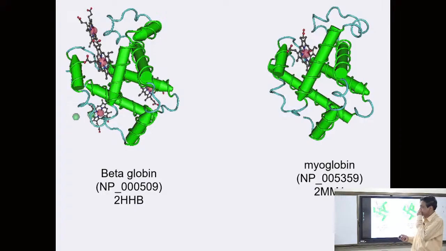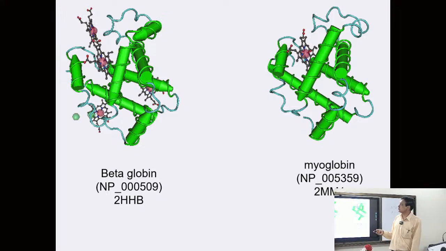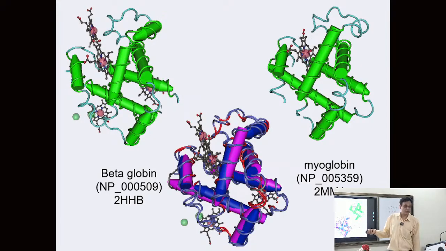Here you can see beta globin and myoglobin homologs. These are cartoons of their structures. If you superimpose them, they superimpose very well. At the sequence level they are highly divergent, but at the structure level they are really well conserved.